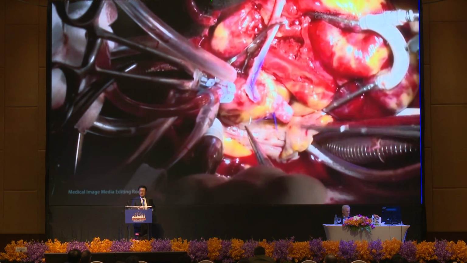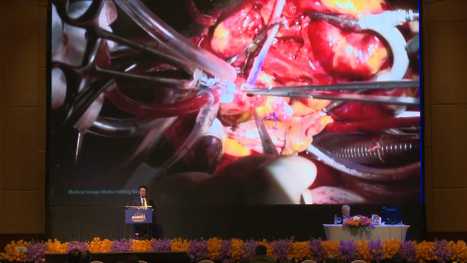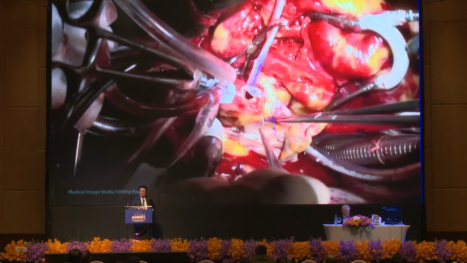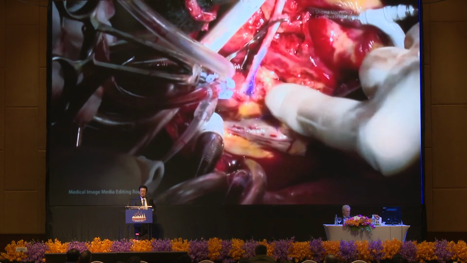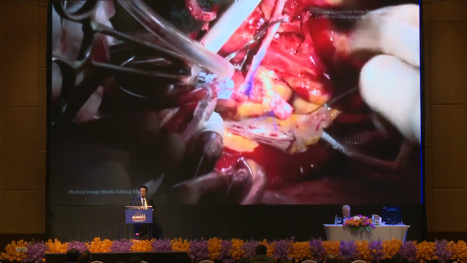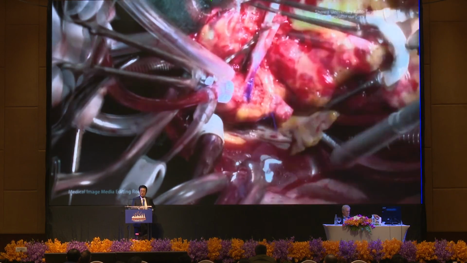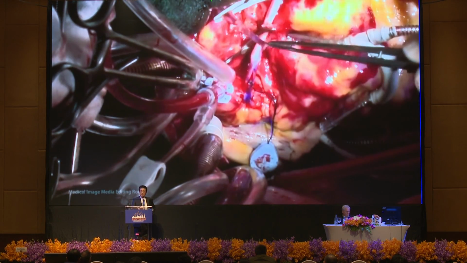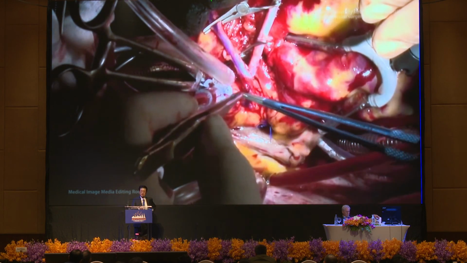And then the transected aorta was repaired. And then the proximal of the LAD graft was put on the ascending aorta. And then the proximal of the OM graft was put on the vein graft.